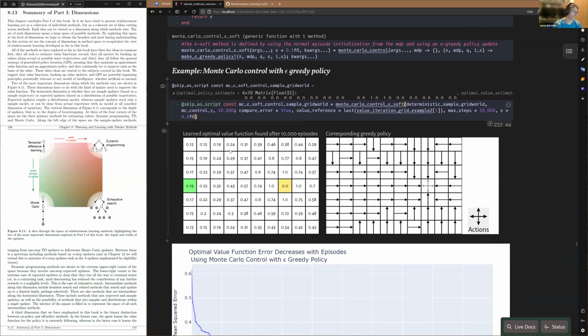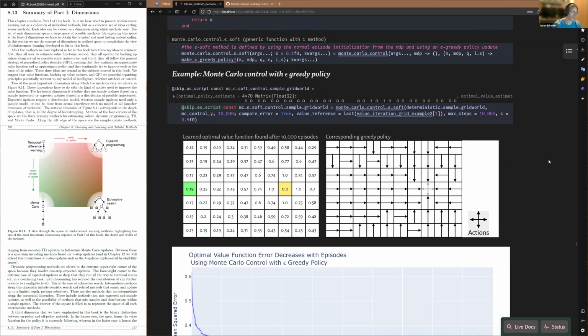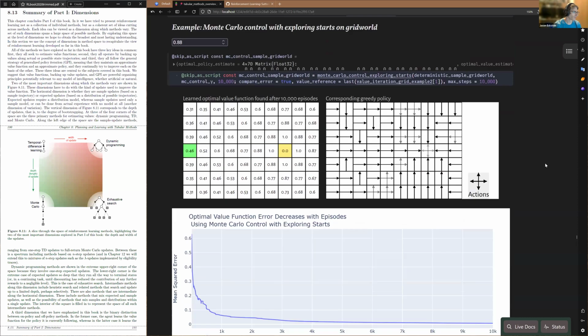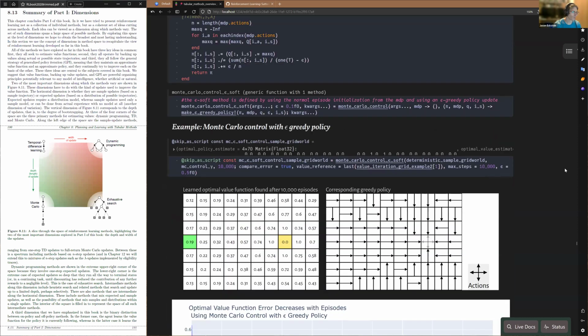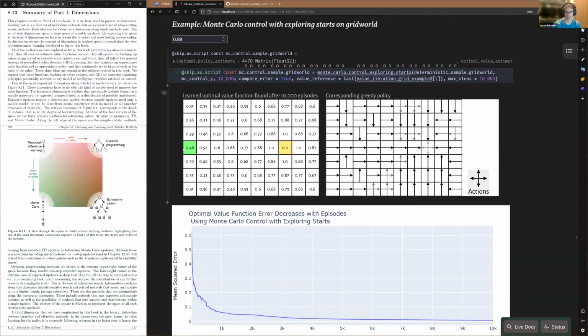But in general, that is a limitation of this method: you're only going to find the optimal policy under the constraint of taking random actions like this. And that matters for some of the examples later in the book. You can see now this value estimate of 0.19 is much lower than this value estimate of 0.46, right?